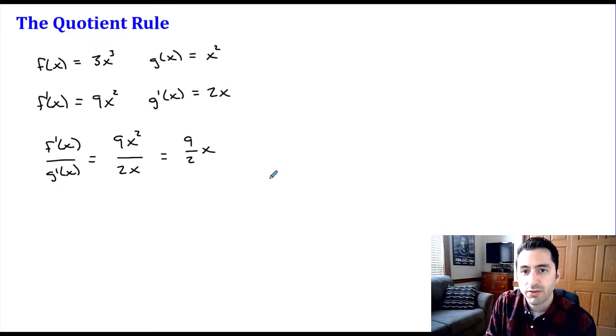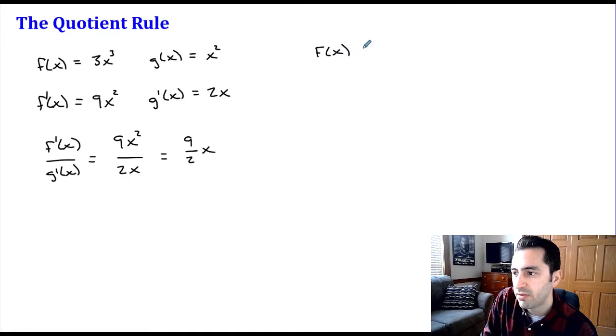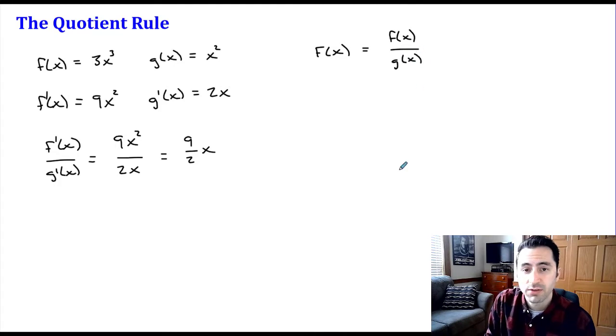Let's compare that to the derivative of the quotient. So we're going to do this in the reverse order. Let's define another function. Let's say capital F of x is equal to lowercase f of x divided by g of x. In this case, we're going to find the quotient first and then take the derivative.